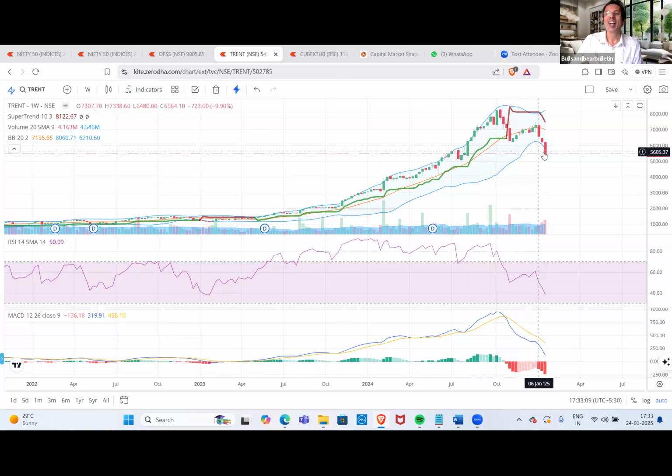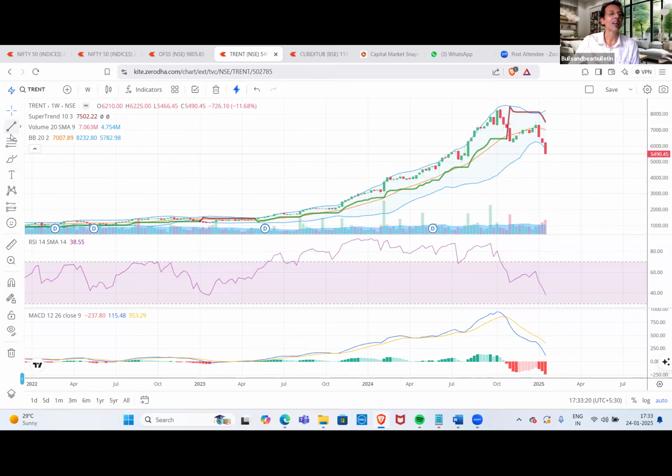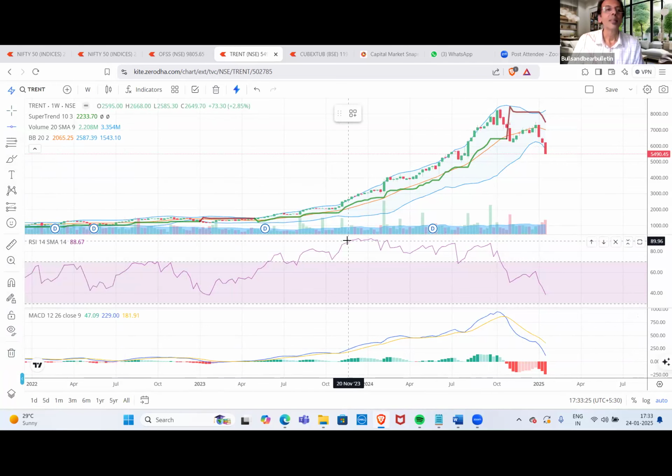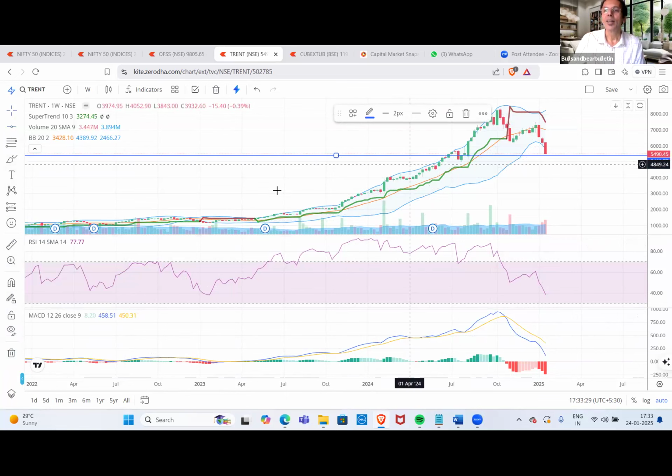I'm telling you now, this stock from here again is going to rally all the way up. I promise you that it's going to rally all the way up. So you can see, perhaps somewhere here, I'm expecting the support area, plus or minus here, and wait for maybe another 1 week max.